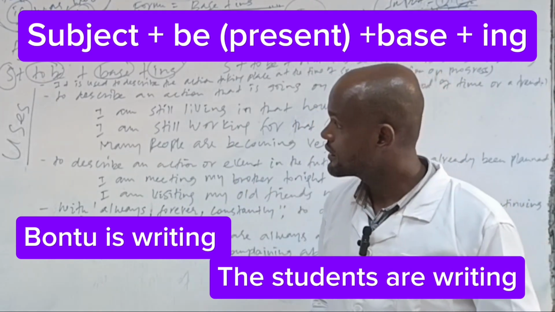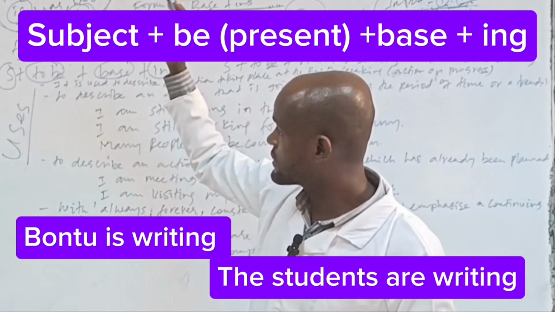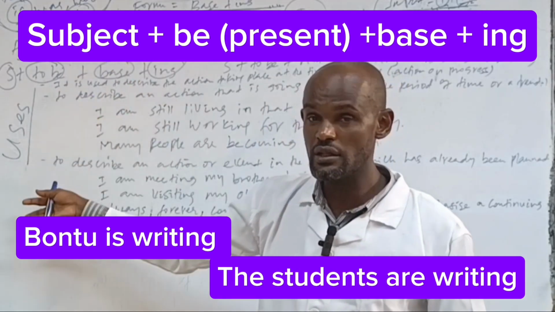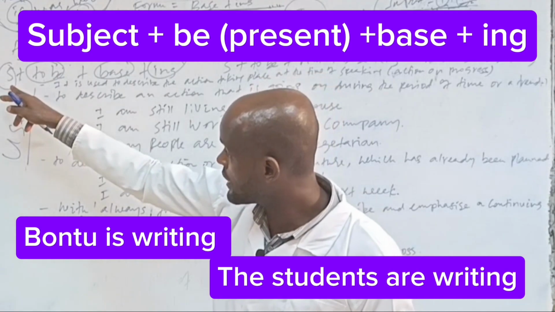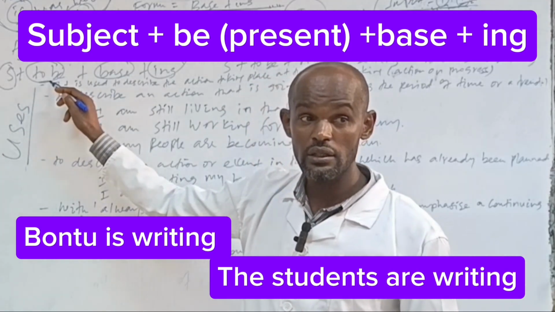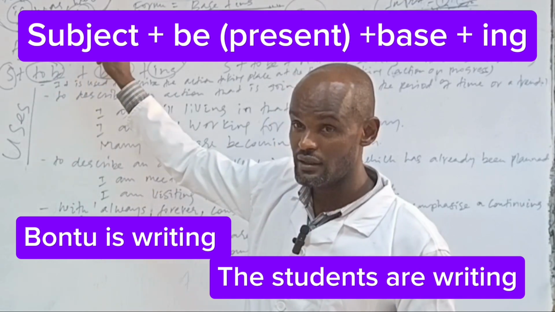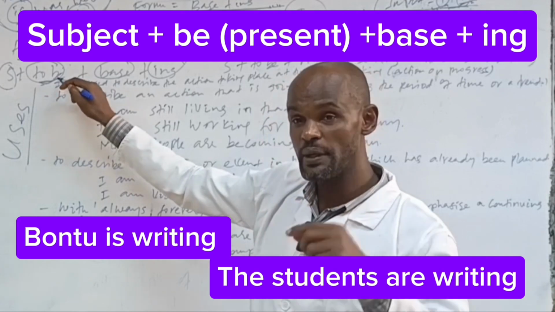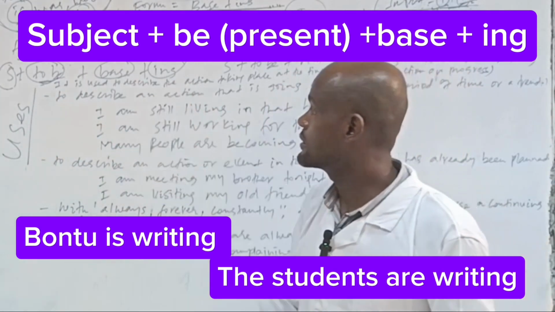For the beginners this formula helps. So when you focus on affirmative sentence for present continuous, please follow this formula. If plural subject, your verb to be should be present plural, which is are. If your subject is singular, your verb to be should be in present at the same time singular, then base plus ing.